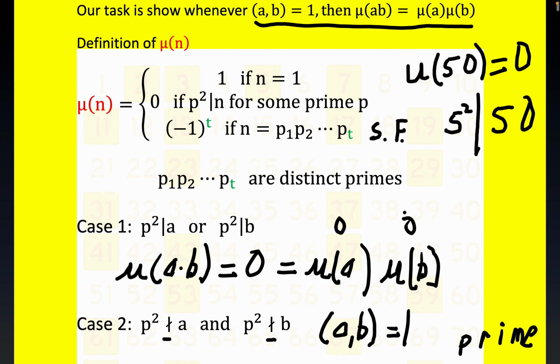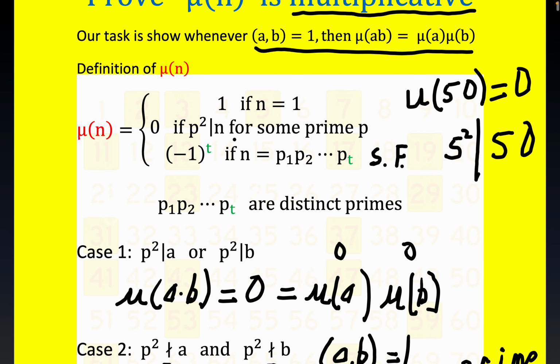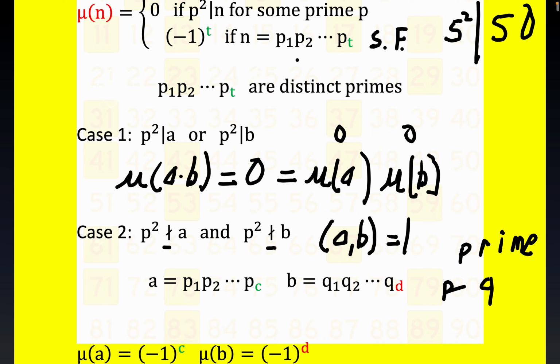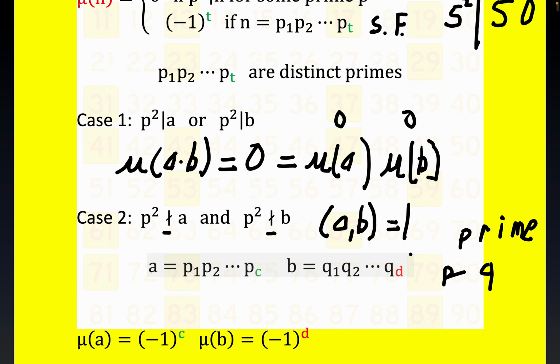Remember, that was the original condition for multiplicative: to show something's multiplicative, the inputs have to be relatively prime. So if A and B are relatively prime, that would imply that none of the P_i equals any of, we'll call them, Q_j.